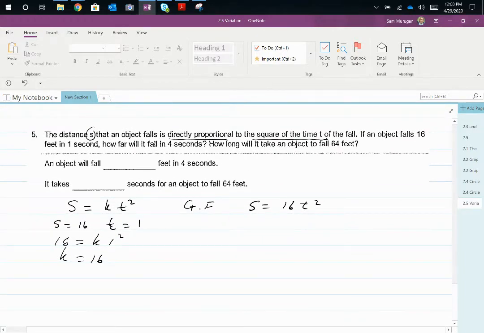Now let's answer the first question. How far will it fall in 4 seconds? Let's call that part A. And then part B, how long will it take to fall 64 feet? So when time is equal to 4, S is equal to 16 times 4 squared, which is 16 times 16, or 256 feet.